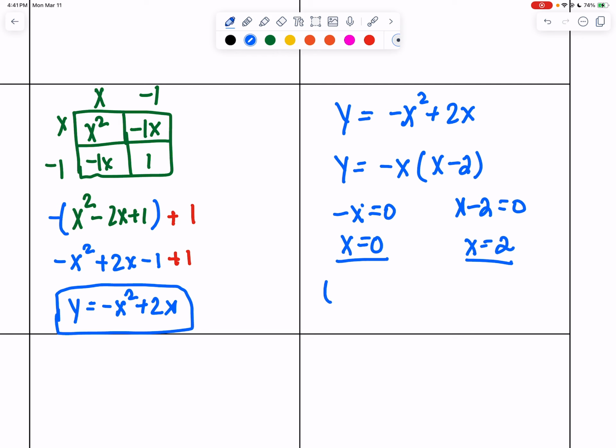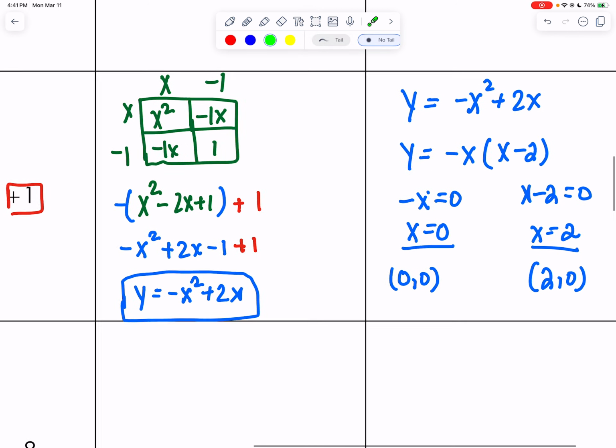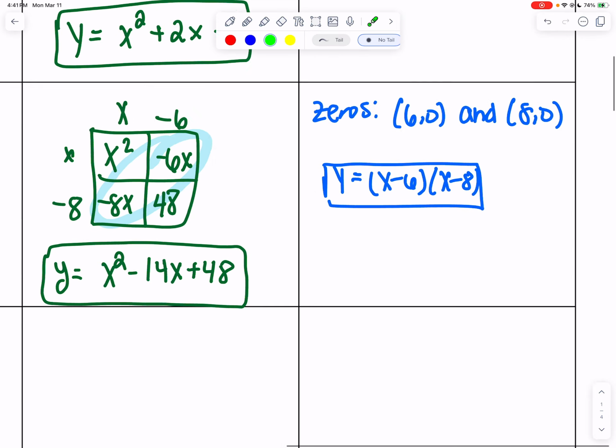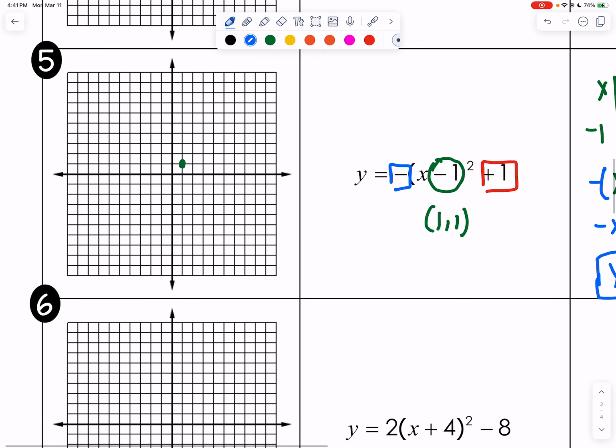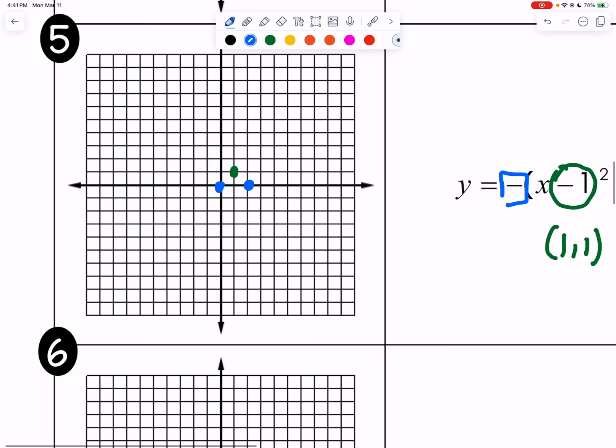This means that I have roots or solutions or zeros at 0, 0 and 2, 0, which means I could put that on my graph now where I have 0, 0 and 2, 0. Once I do that, I could finally graph this and say that, hey, my parabola looks like this.